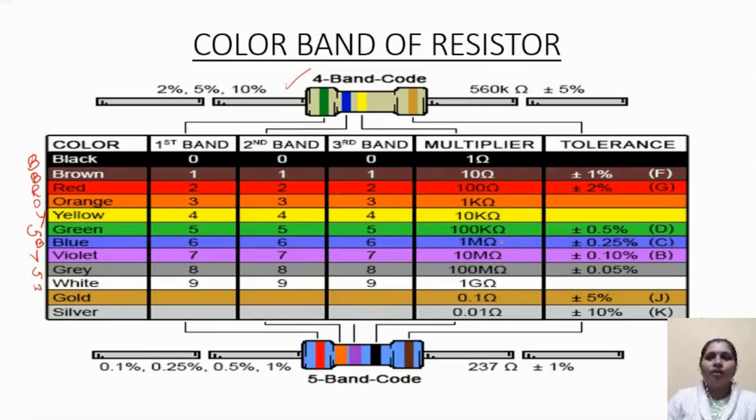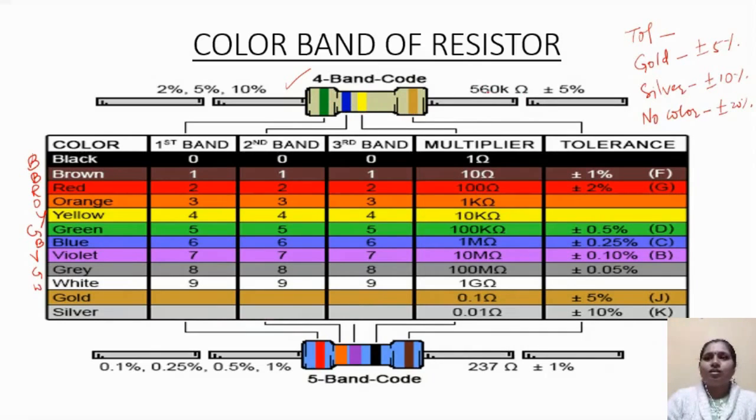So usually for tolerance we will be having either gold with a tolerance of plus or minus 5%, silver with a tolerance of plus or minus 10%, and no color with a tolerance of plus or minus 20%.